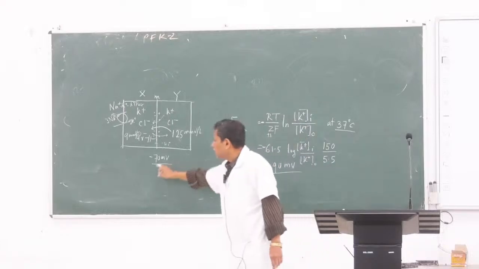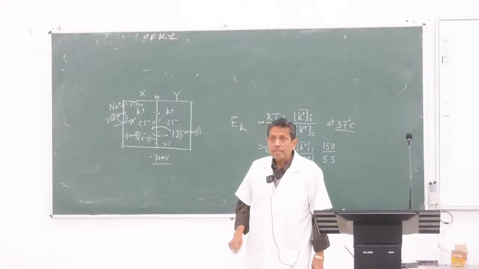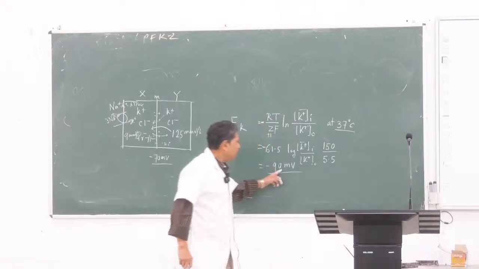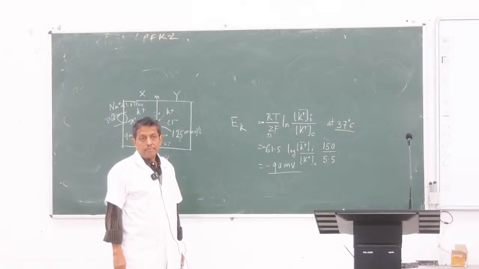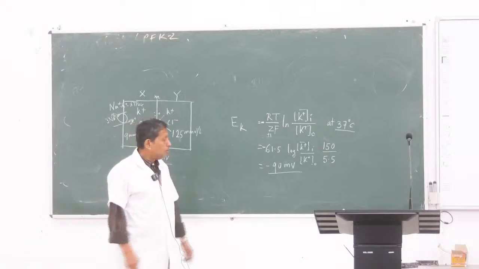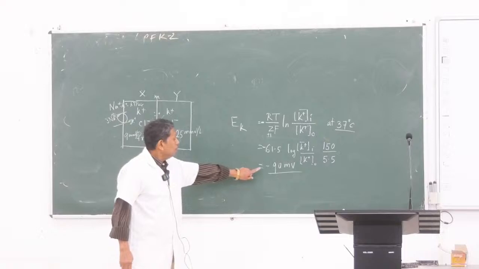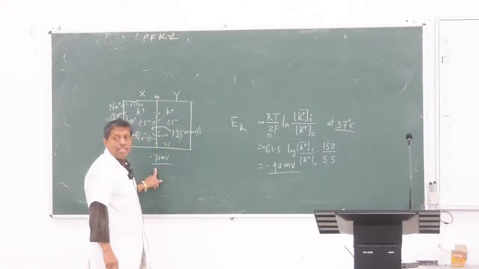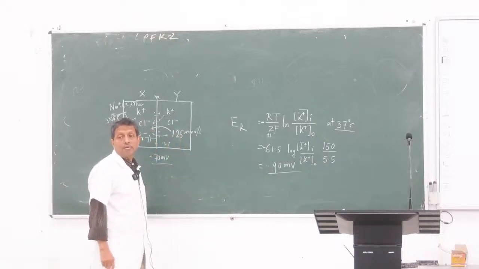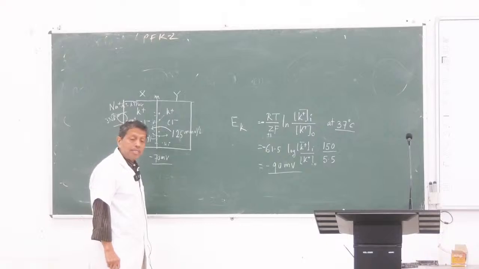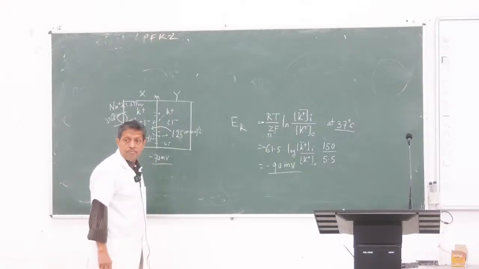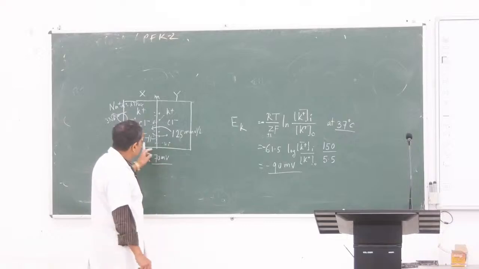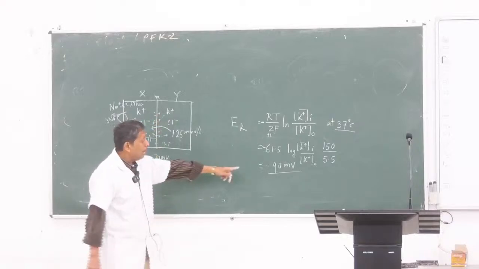But it is different from the resting membrane potential. Resting membrane potential is close to this value, but not exactly the same as in the chloride ion. So you can think there is some excess potassium within the cell. It will have a tendency to move from this side to this side to make it minus 90 millivolt.